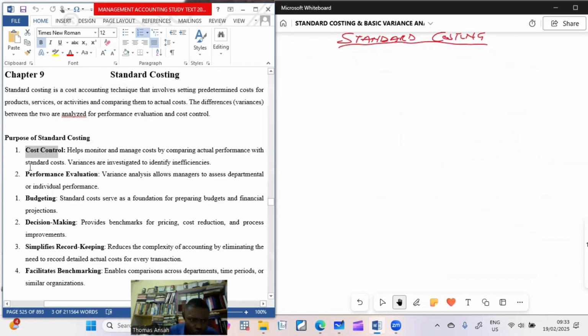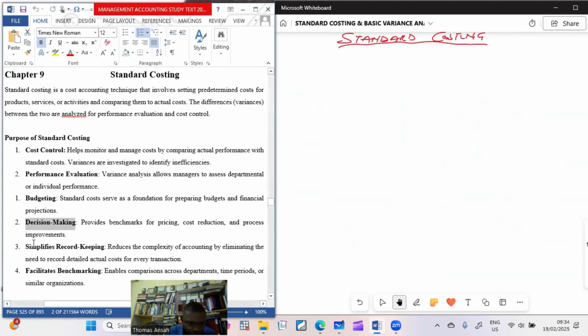Because of that, you could also say it's for performance evaluation, because if we are able to see what people have done and see the variances, we are able to give proper rewards, bonuses and everything to everybody. Now, as you could see, it is clearly a budgeted thing because it is a predetermined something you are doing. And it is good for decision making because once the variances are seen, you can make good decisions.